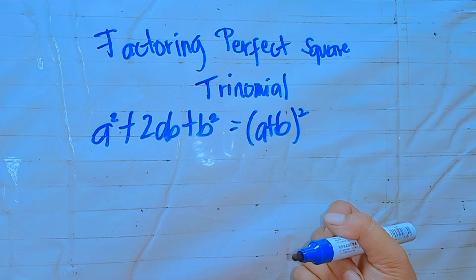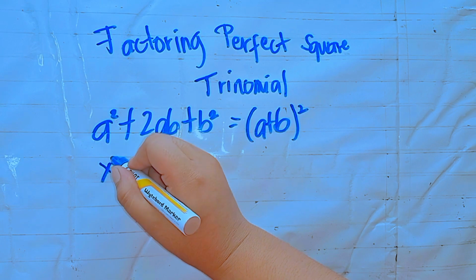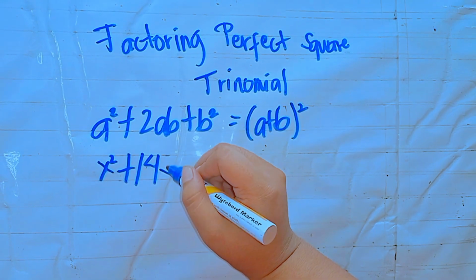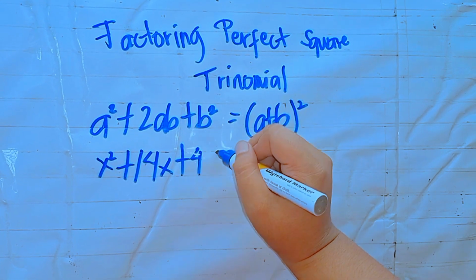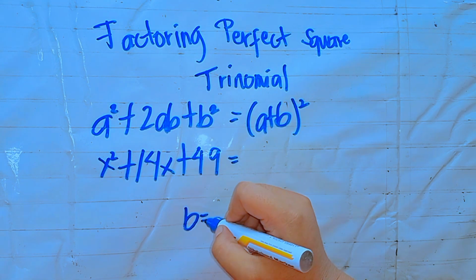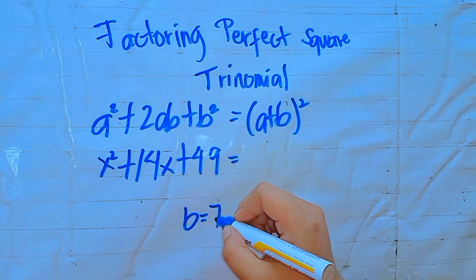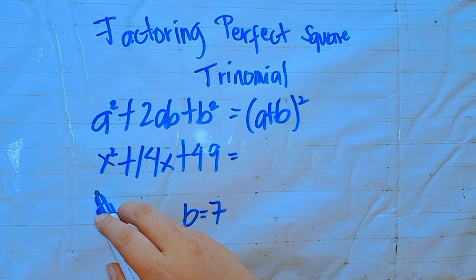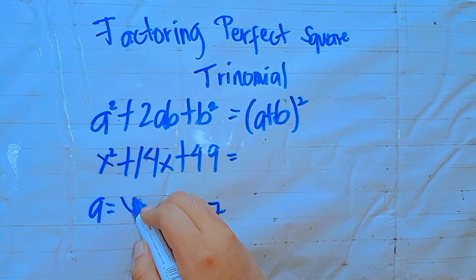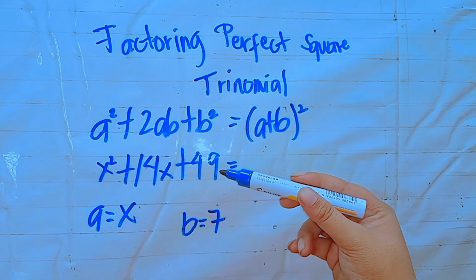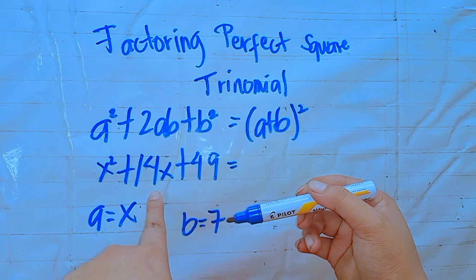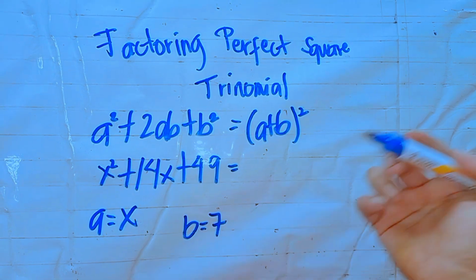Then let's have this equation: x squared plus 14x plus 49. b is the square root of 49, which is 7. a is the square root of x squared, which is x. 7 times 2 is equal to 14, so this is a perfect square.